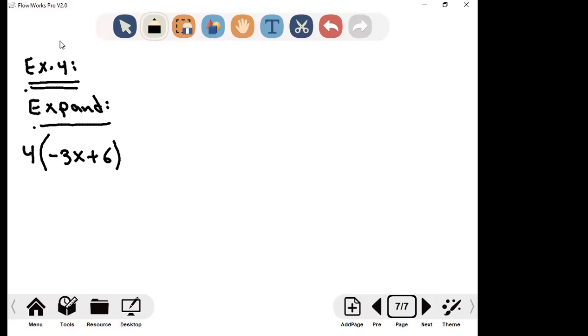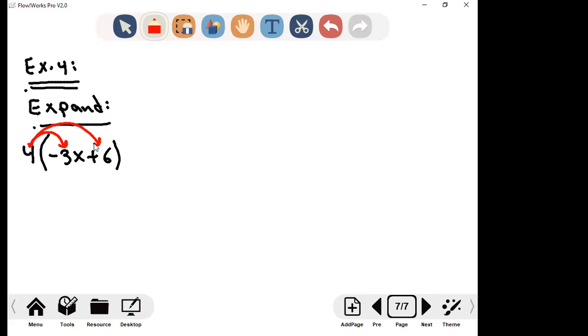Now here I have something we call the distributive property. Now 4, what's between the 4 and the bracket? Nothing, which means I will multiply the 4 with the first term and with the second term.